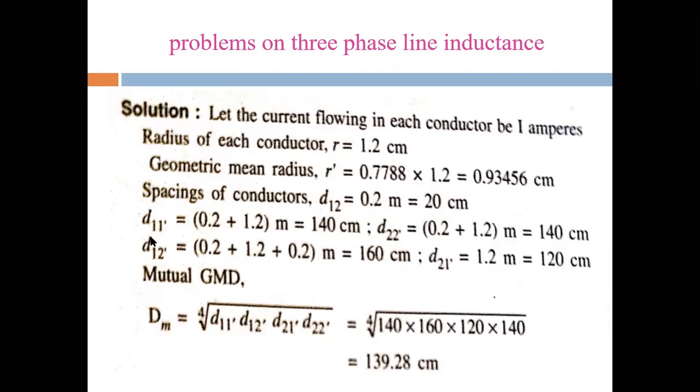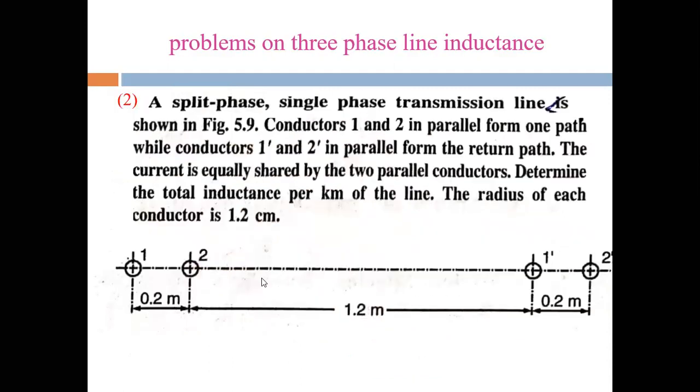Next, the distances D11 dash, D22 dash, D12 dash and D21 dash. What is the distance between 1 and 1 dash? 1 to 2 is 0.2 and 2 to 1 dash is 1.2.